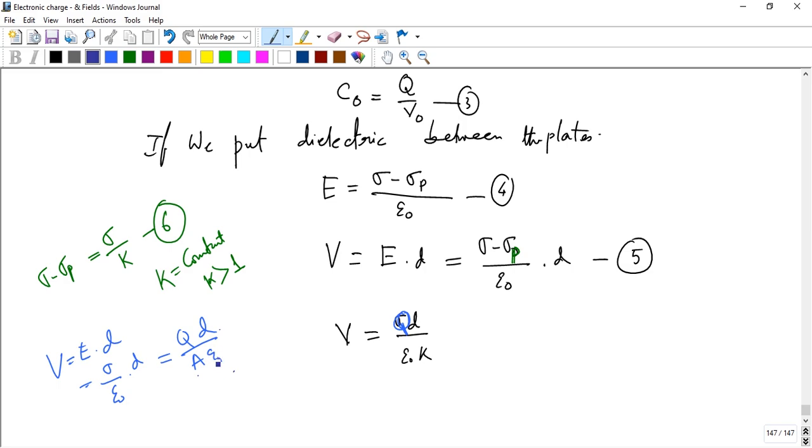Here I am missing a term A. So finally we get V equals this, with K, where K is greater than 1. That is equation number 7, otherwise K equals 1.